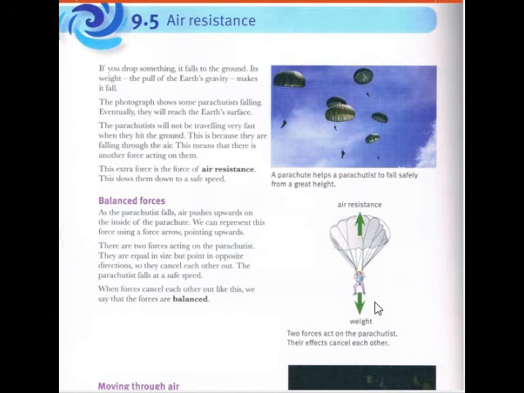Both of the forces cancel each other out, students. The parachute will fall at the same speed, because the net force is zero. When the forces cancel each other out like this, we say that the forces are balanced. How about unbalanced force?